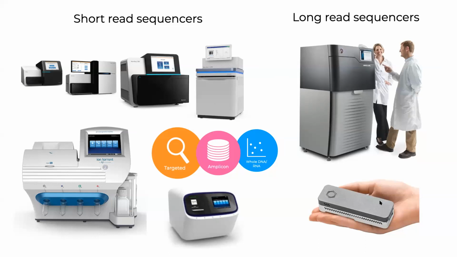When we talk about other types of sequencers, they range in a number of different sequence lengths. We can have reads of anywhere between 15,000 bases to over 100,000 bases if we talk about Pacific Biosciences, or PacBio sequencing, right?